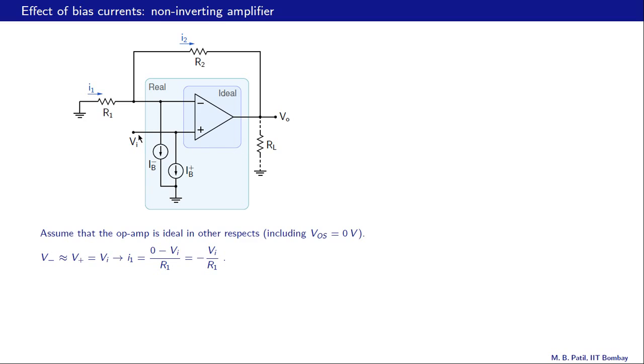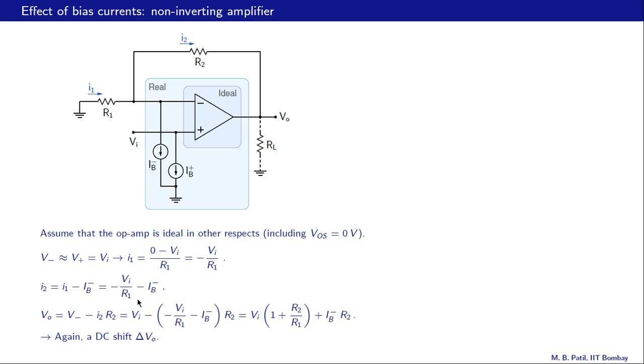V plus is equal to Vi, the input voltage, therefore V minus is also equal to Vi. And the current I1 therefore is 0 minus Vi divided by R1, that is minus Vi by R1.